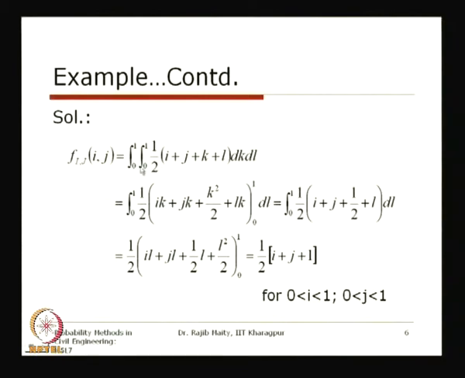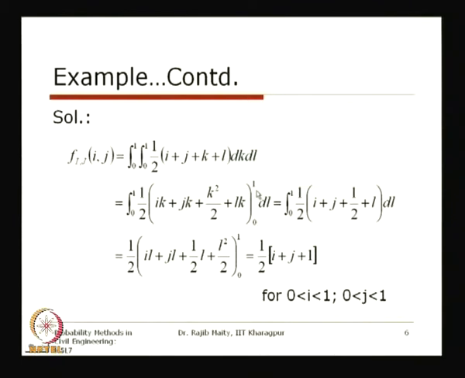For example, first we do the integration with respect to k, and the k range is 0 to 1. Similarly, after that we integrate with respect to l over its range, which is also 0 to 1. This is a simple integration.